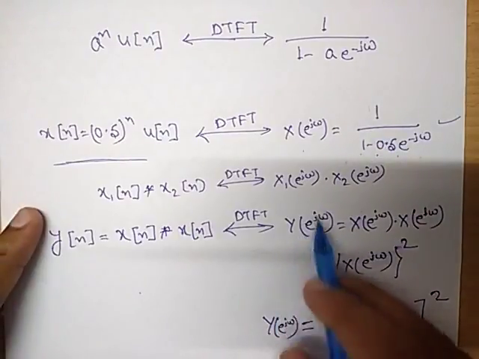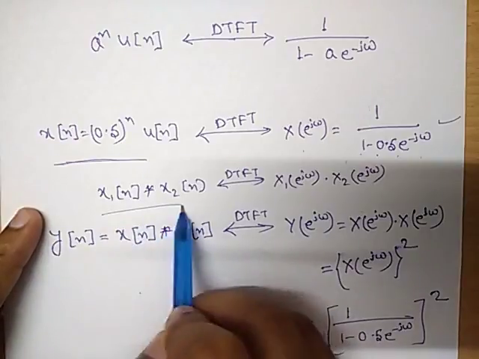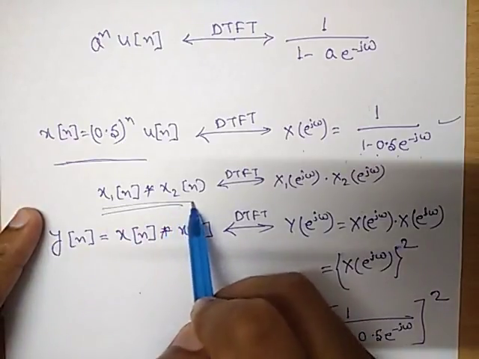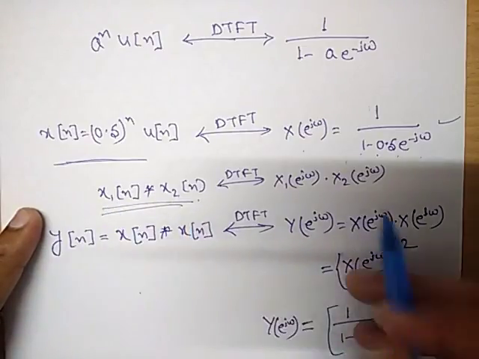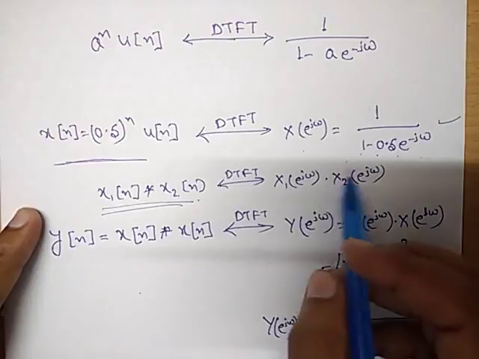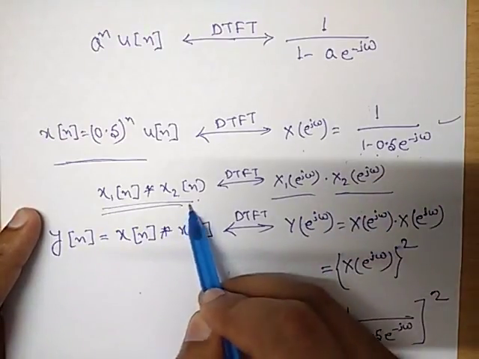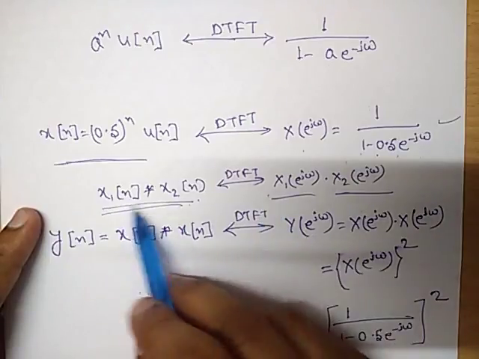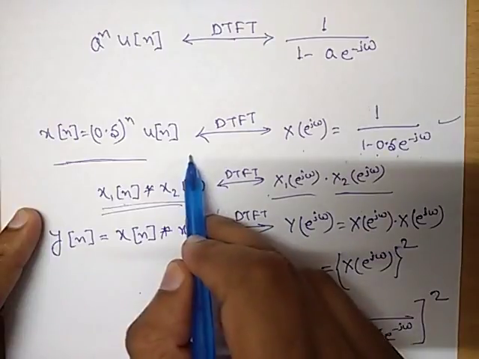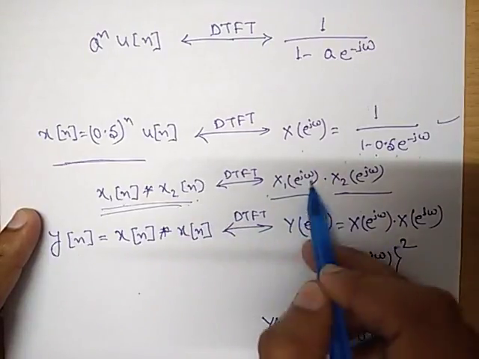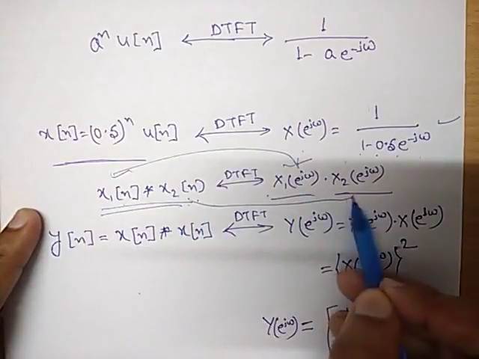Now there is a property that if we do the convolution in the time domain, then in the discrete time Fourier transform, that is in the frequency domain, the signals are multiplied. So the DTFT of x1[n] convolved with x2[n] will be just the multiplication of the discrete time Fourier transforms of the individual sequences.